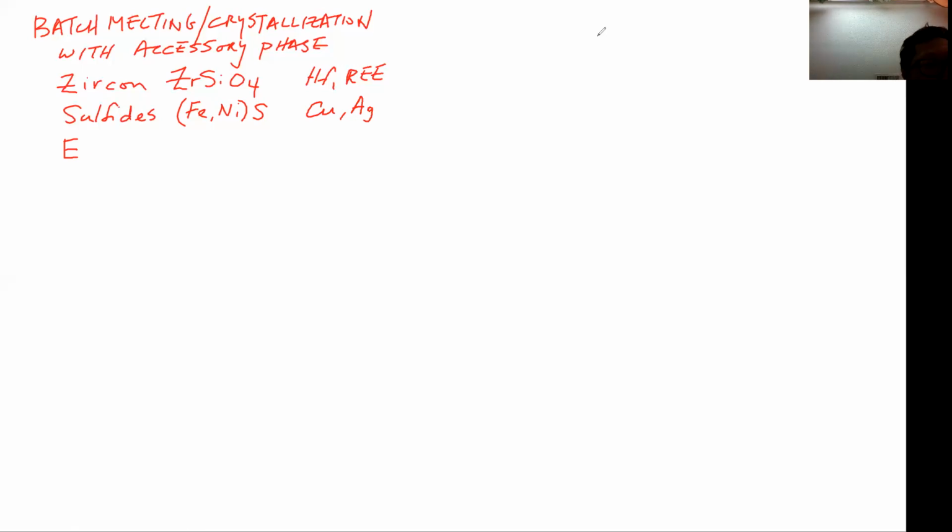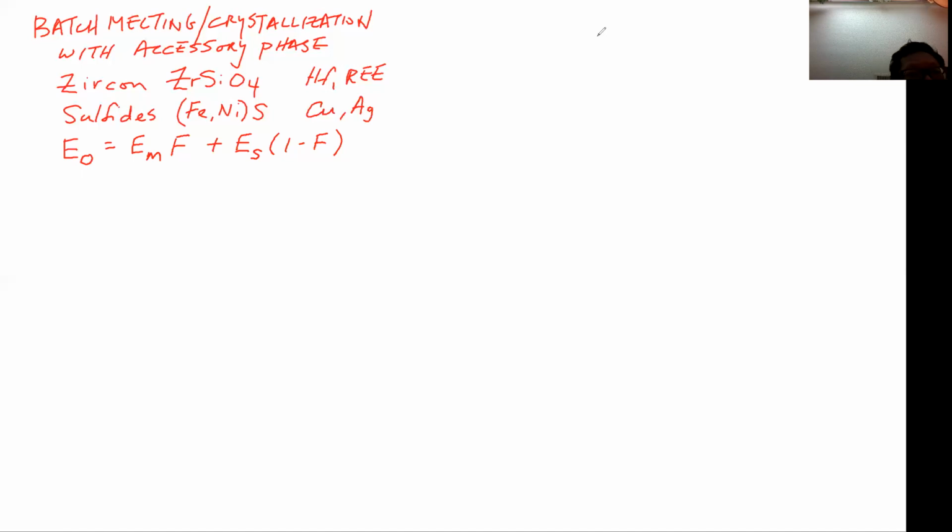So the essential structural element concentration in the bulk system, I'm going to call E0, and that, of course, is equal to the essential element in the melt times the melt fraction, which is F, plus the essential structural element concentration in the solids times the fraction of solids, which of course is 1 minus F. So we're going to separate things into the melt and the solid, and F is the melt weight fraction relative to the total mass of the system.